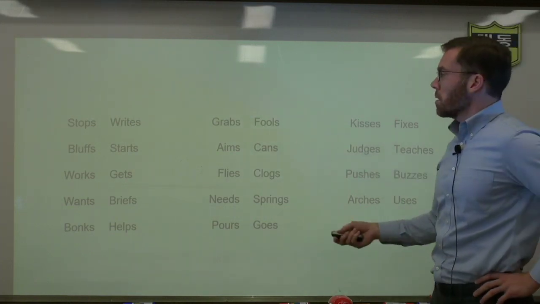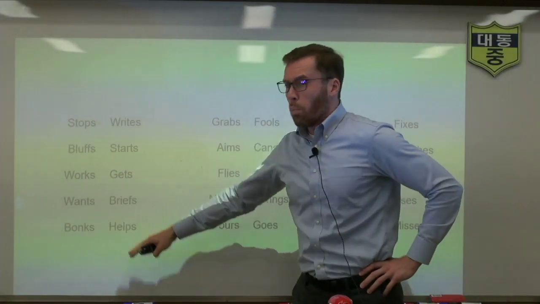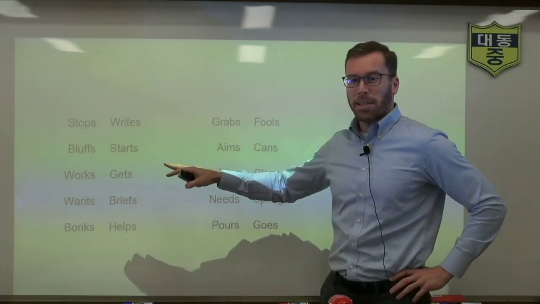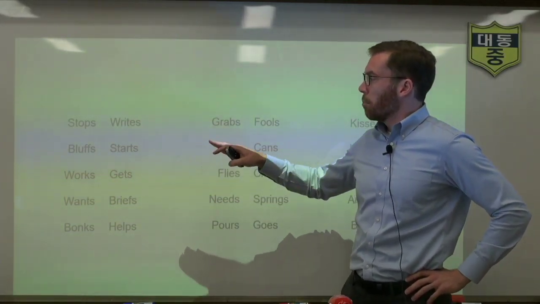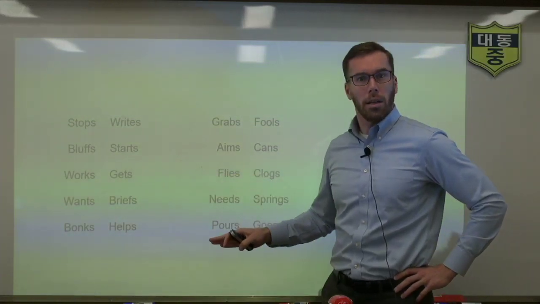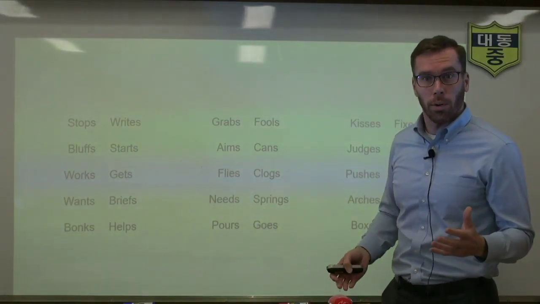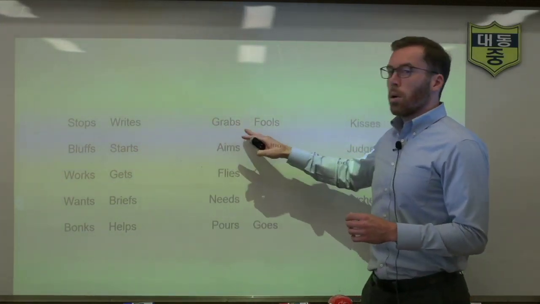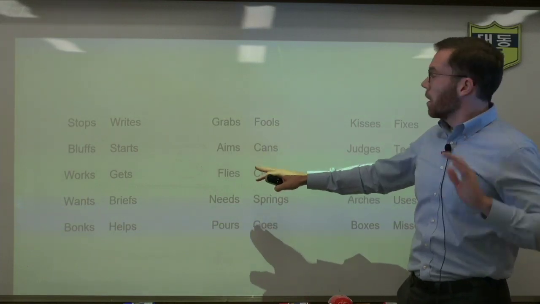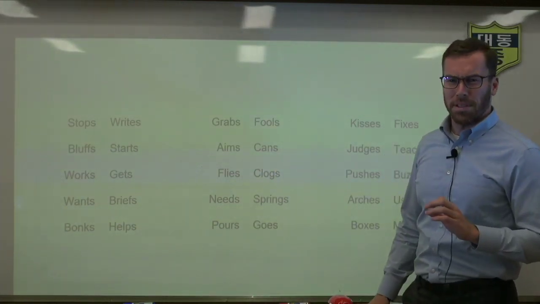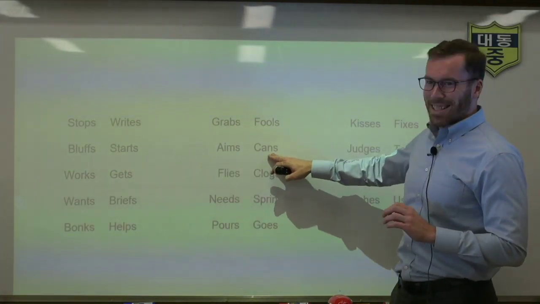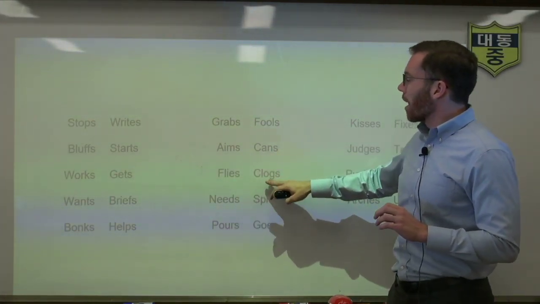Now all these words, let's look at group 1. Okay, very slow. Stops, writes, bluffs, starts, works. Okay, we can hear that S sound, right? But over here, it changes. Listen carefully. Grabs, fools, aims, cans, flies, clogs.